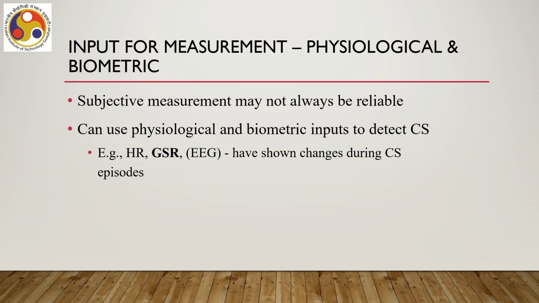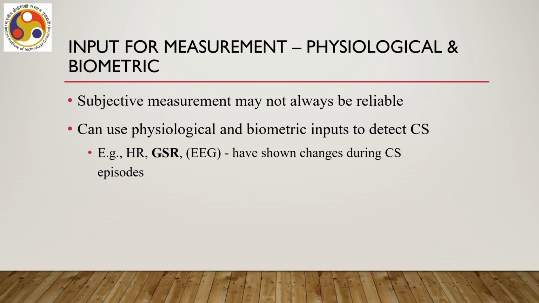Another kind of input that we can consider for measurement apart from these questionnaires is the physiological or biometric input. Now, these questionnaires based inputs can be subjective and prone to inaccuracies. It may not always be reliable.